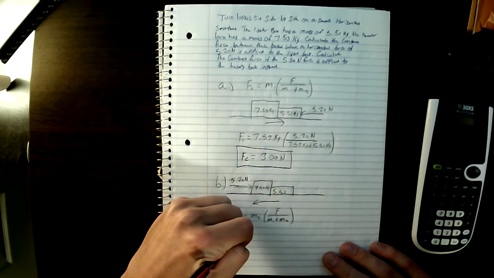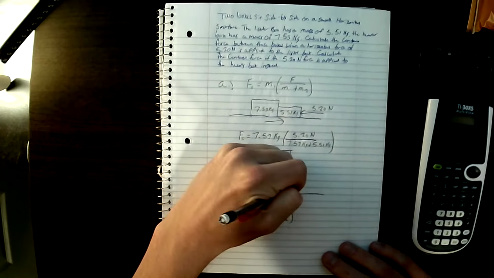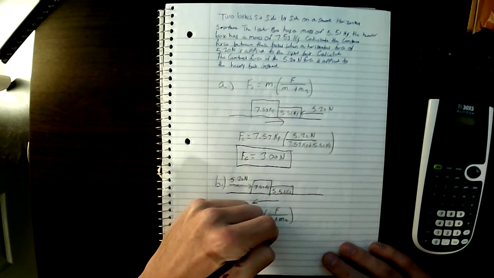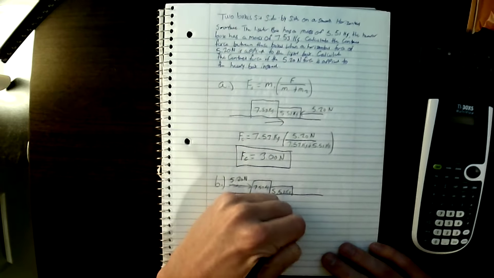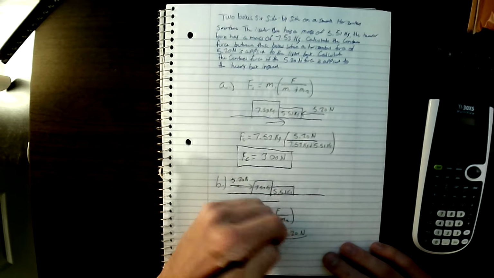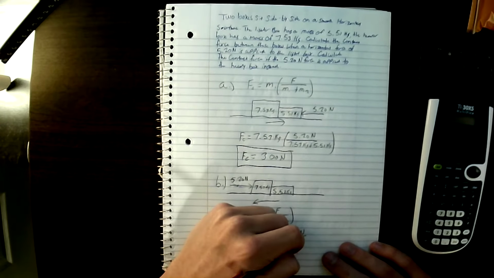And so we'll just go ahead and plug in our values. So m2 is 5.51 kilograms, and then the same 5.2 newton force divided by the sum of our two masses.